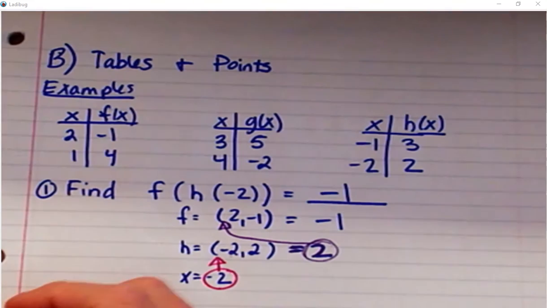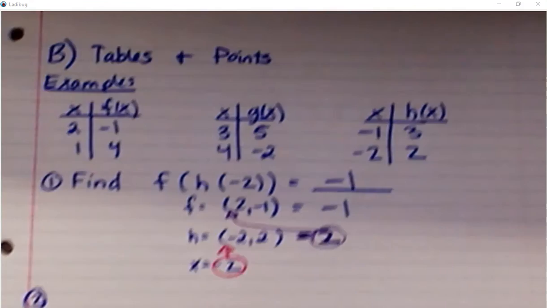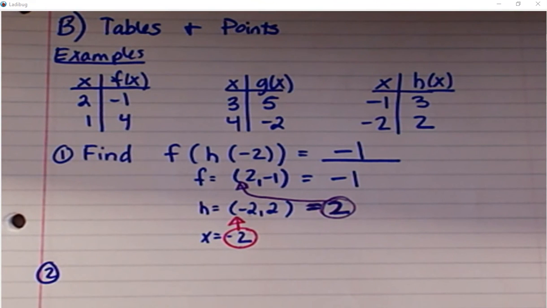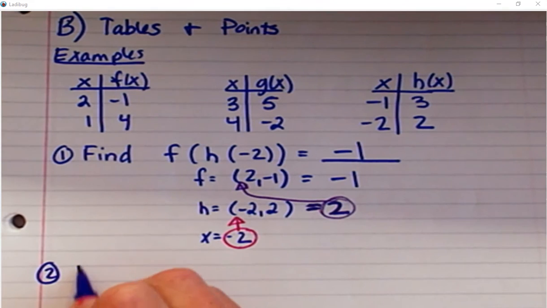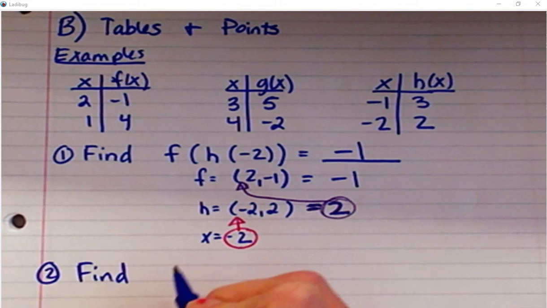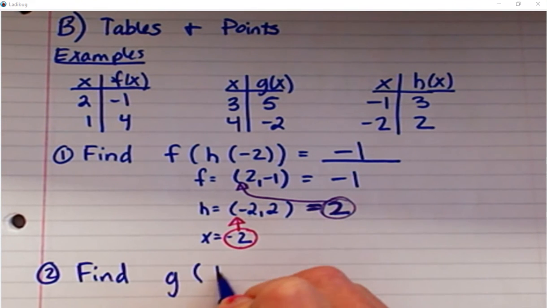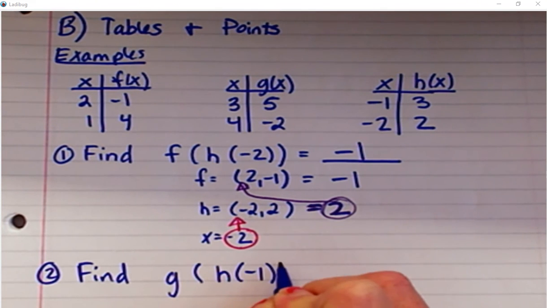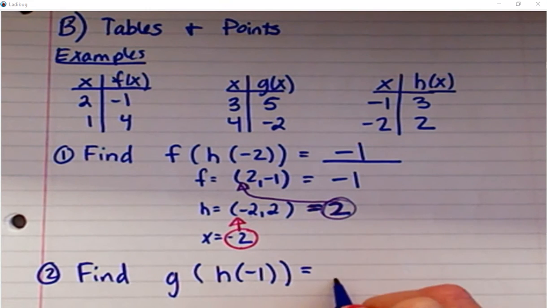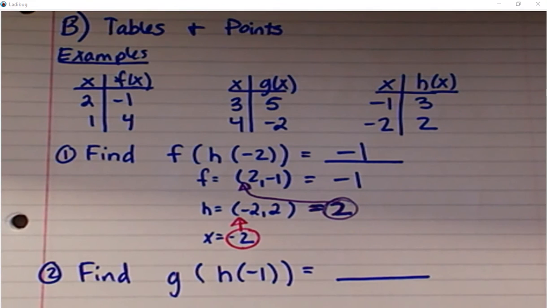Okay, here we go. I'm going to give you one. Let's try again. Let's find G of H of -1. So we are connecting X's to Y's, X's to Y's.